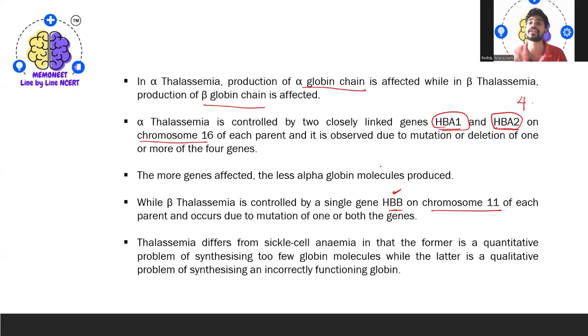So what happens if a gene's position has been changed? We have studied what happens if a gene has been mutated or deleted, what the disorder could be, and in which position it gets mutated. One thing is clear, like I was discussing, it is present on the 11th chromosome. This gene has its own specific position on the chromosome.